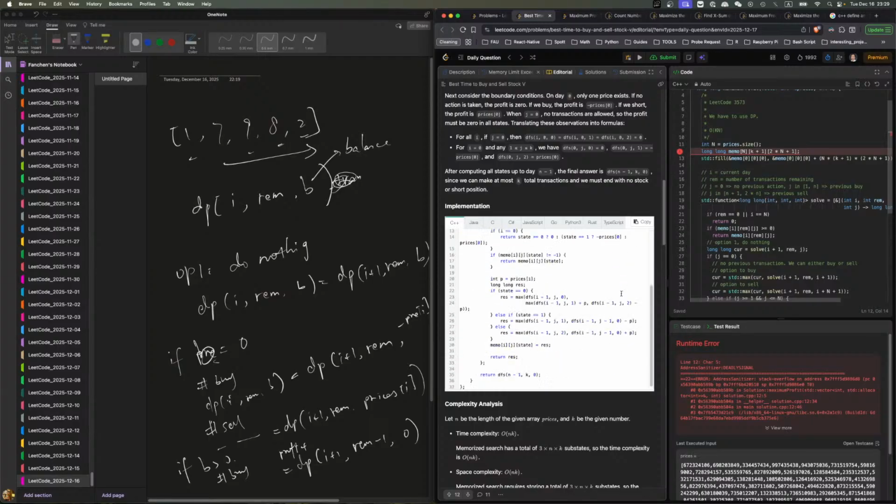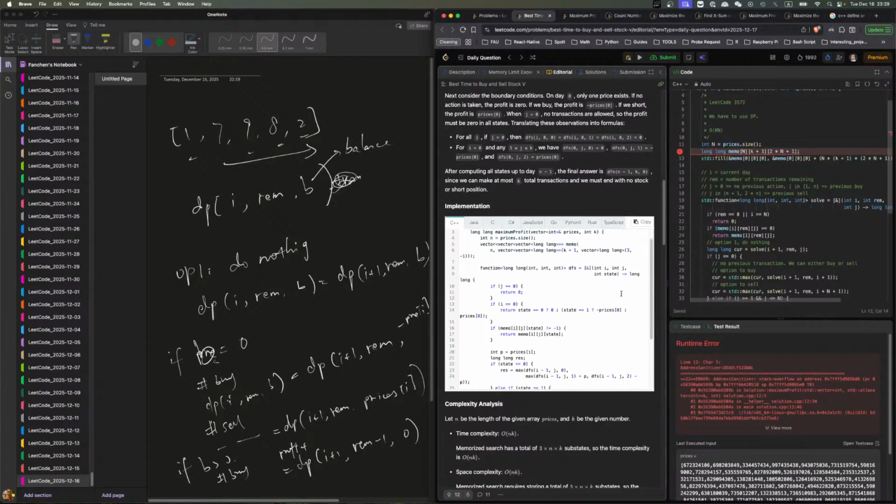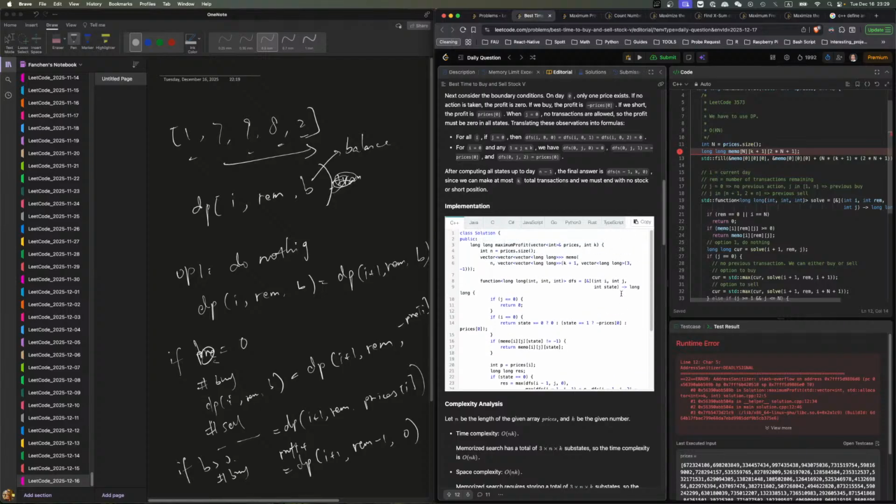IJ state. What is I and what is J? What about K? So vector, long. N is the top. K, and we have three state. Then what do you know?